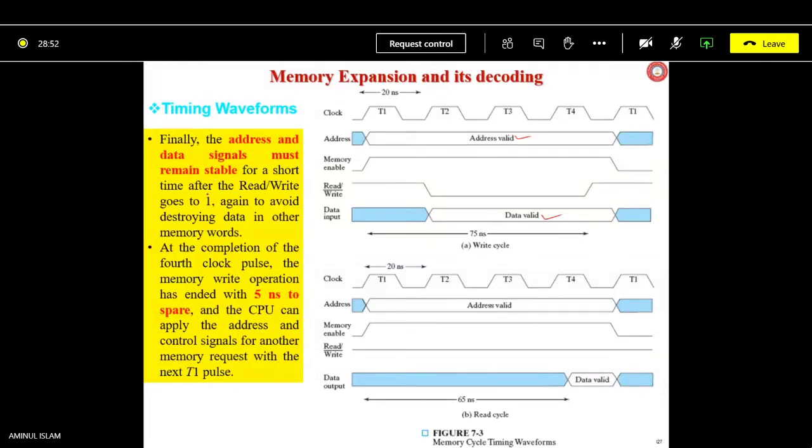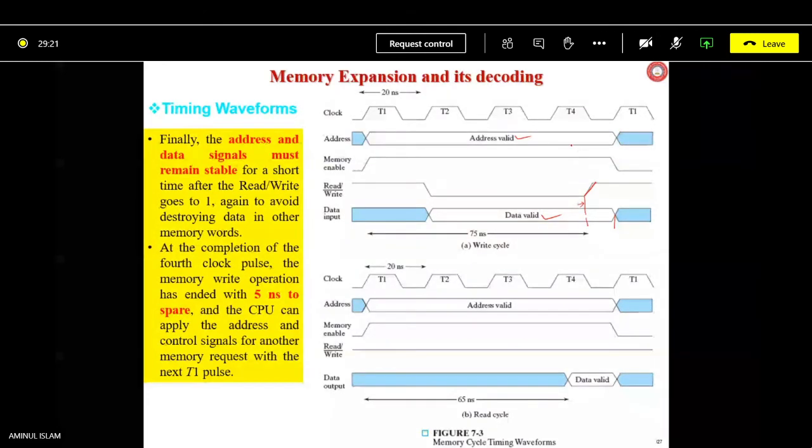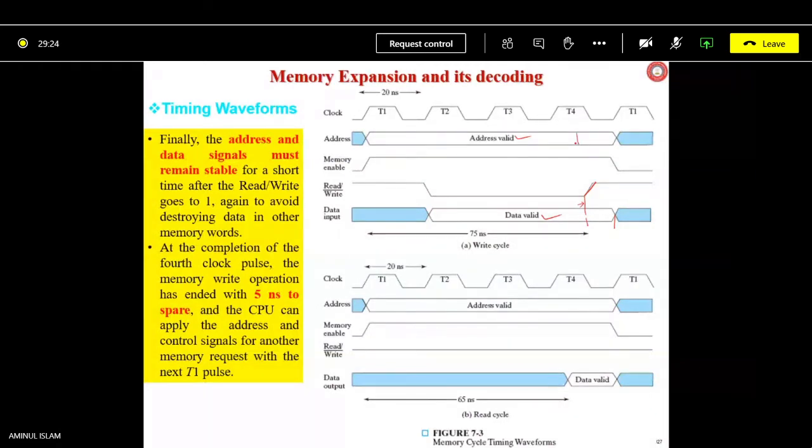Here it is talking about the read-write signal: the write operation was going on, now it is rising. After that you also have to keep the data, and the address, kept high. The memory enable is also kept high for a certain amount of time.